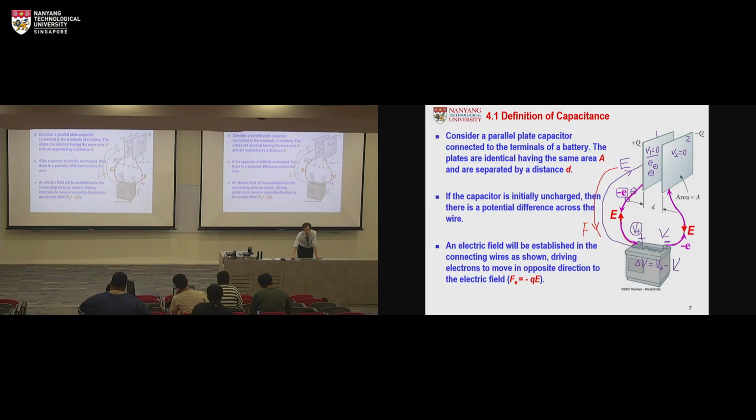And if this happens, then eventually plate 1 will carry a certain positive charge, because simply some negative charge moved away. So this is what will happen to plate 1, and we can do the same analysis for plate 2.